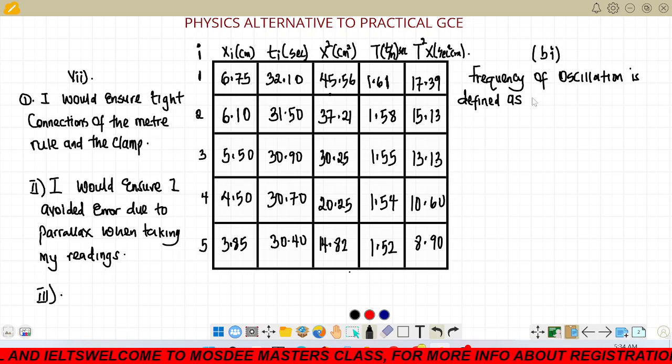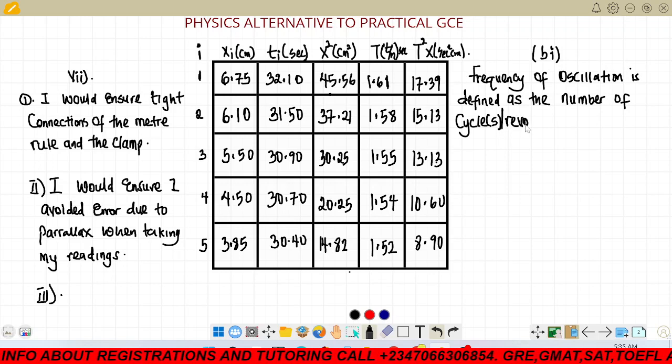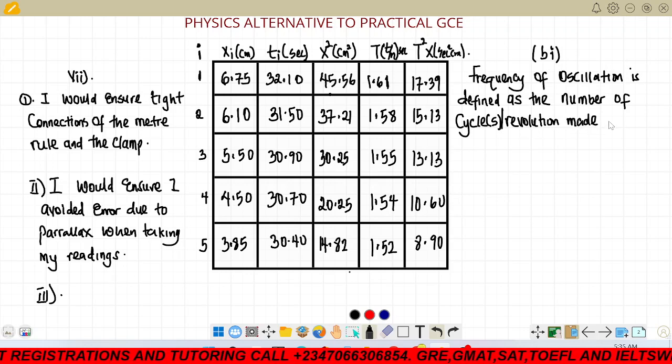as the number of circles, or you say oscillations, or revolutions, anyhow you want to write it, made per second.